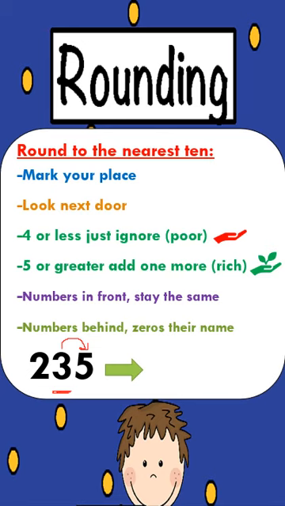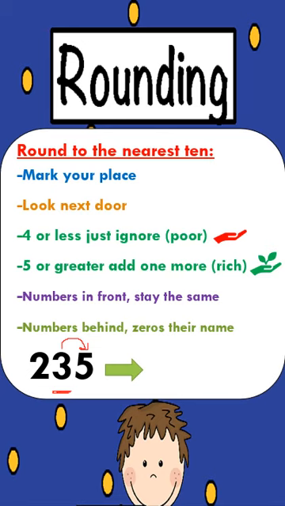What's the meaning of this? What's the meaning of less? The numbers before. So it's 4 or 3 or 2 or 1 or 0.